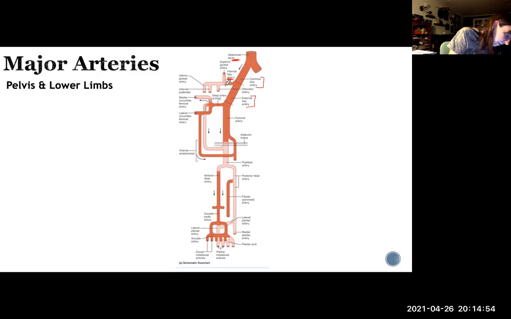We're not worried really about what happens after that to that one, but this one continues down to become the femoral artery. And then it becomes the popliteal artery as it passes behind the knee. Popliteal is the backside of the knee. And then it branches into the anterior and posterior tibial arteries, as well as the fibular artery, which goes around the posterior of the leg towards your calf there, okay?